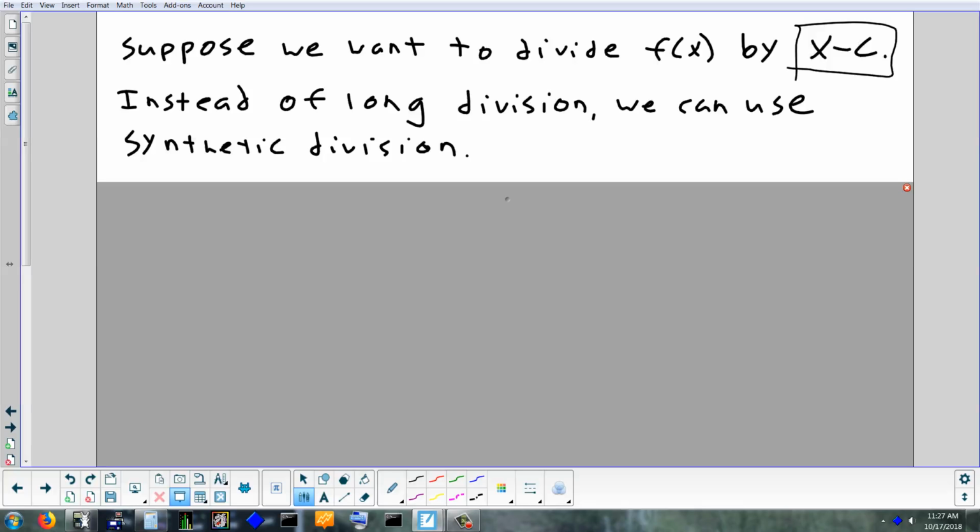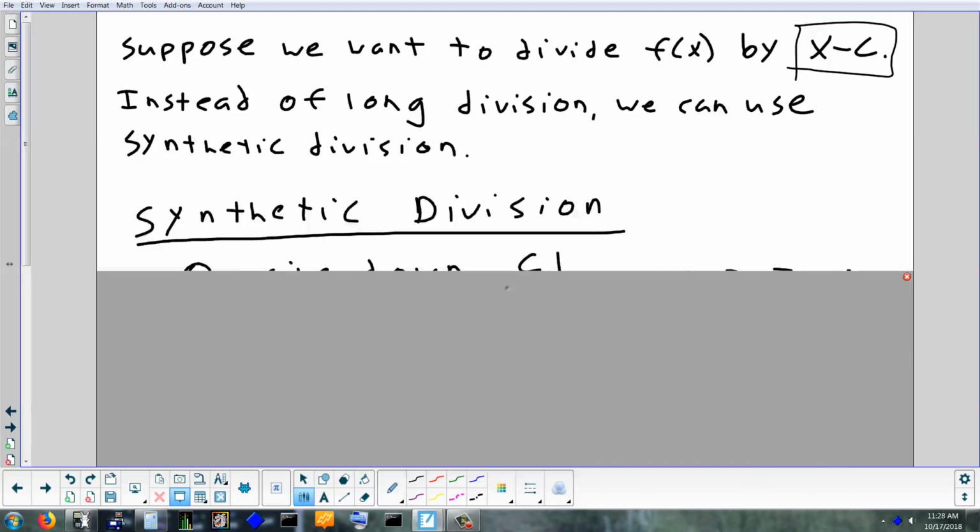It's called synthetic division. Now, could you use synthetic division in cases where it doesn't exactly look like that? Yes. I'm not really getting into how to do that. I'm only showing you how to use synthetic division in the simplest case. X minus a number.